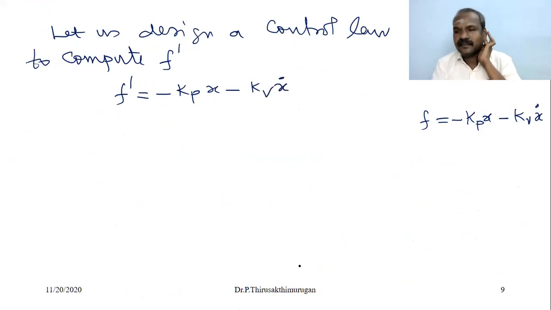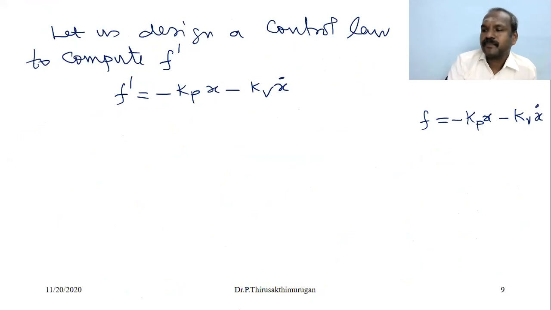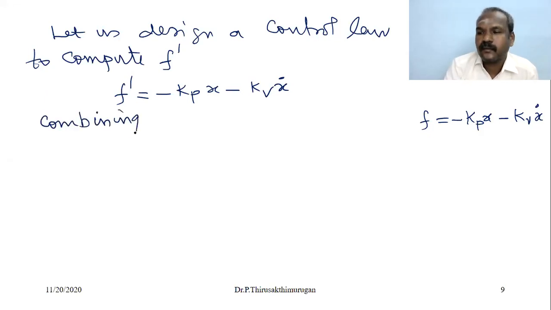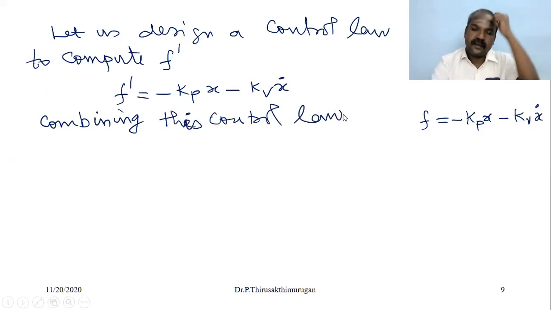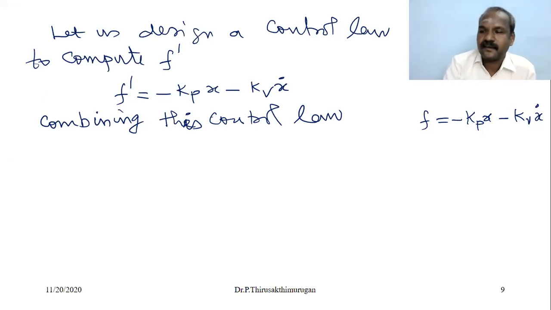So combining this control law with the existing equation, M double dash, like that, right?